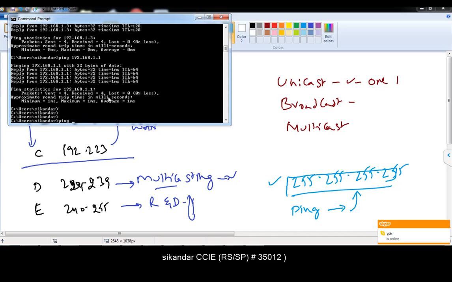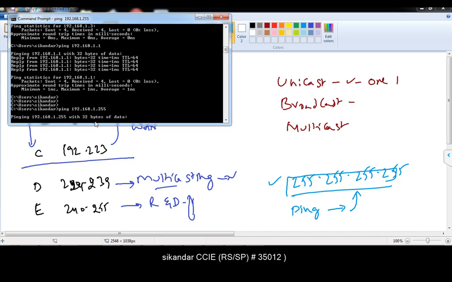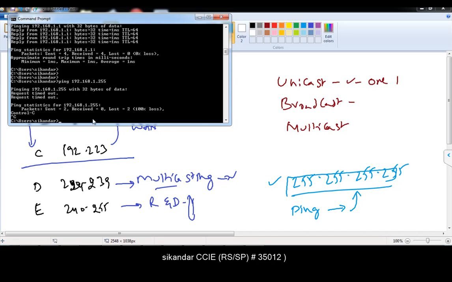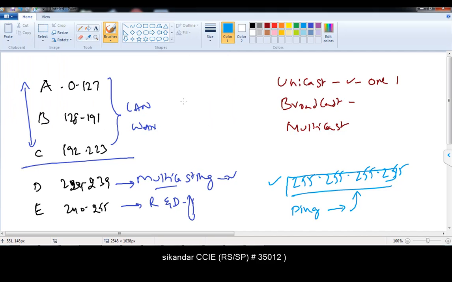And if I ping the last address, that is the broadcast ID, if I try to ping this broadcast address, you'd get a reply from all the devices. I'm not getting it exactly here. So generally there are some addresses called broadcast addresses, which we'll see here.